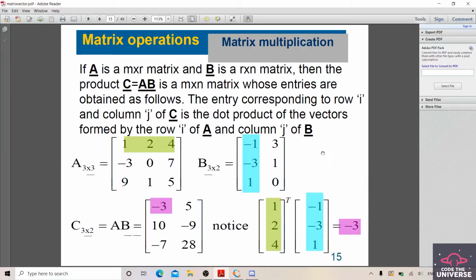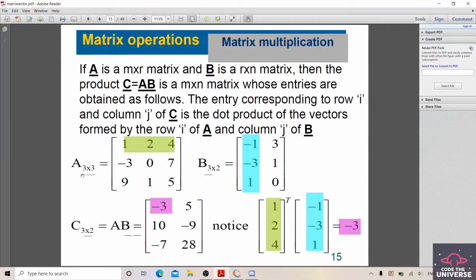Okay, so let's get straight to matrices A and B. You see that A is a 3 by 3 matrix, while B is a 3 by 2 matrix. As we see, the number of columns in A is equal to the number of rows in B, which is 3. First, let's get an idea of what the dimension of our resultant matrix is going to be.